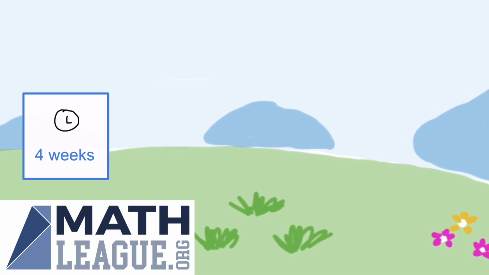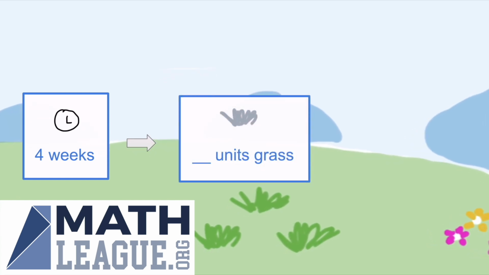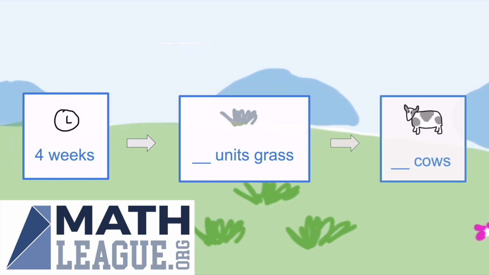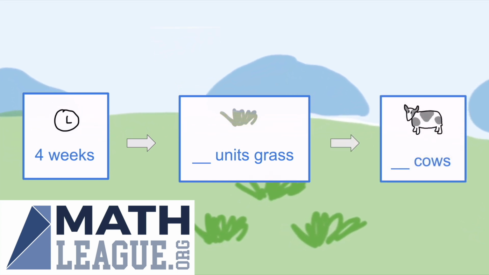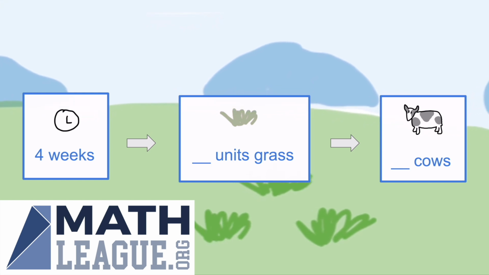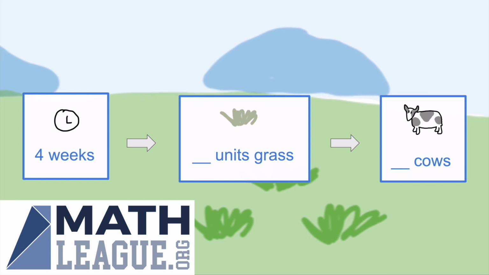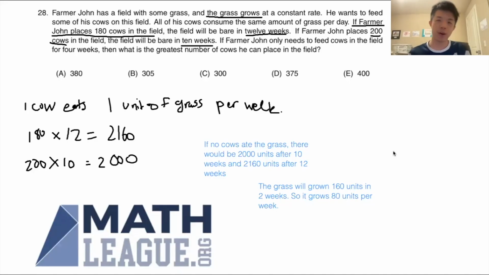And we can ask ourselves how much grass would be out there. And based on the number we get, we can calculate how many cows we could theoretically place on this field so that this exact amount of grass is eaten in the 4-week span. And because we know the grass grows at a constant rate, it grows 80 units per week. In particular, we want to calculate how much grass there would be after 4 weeks if no cows ate the grass.